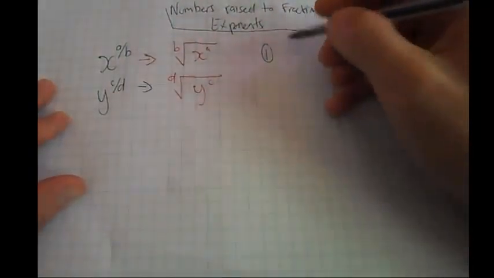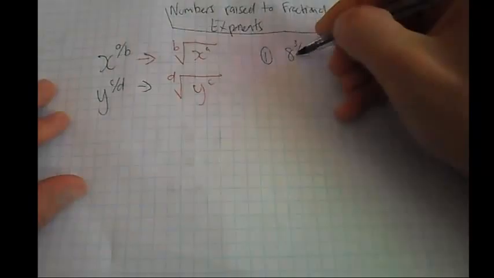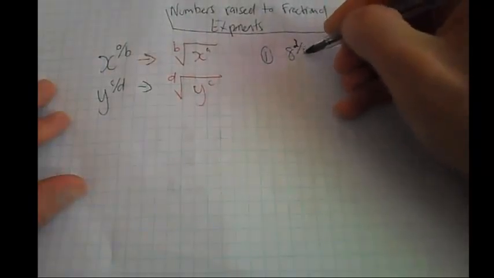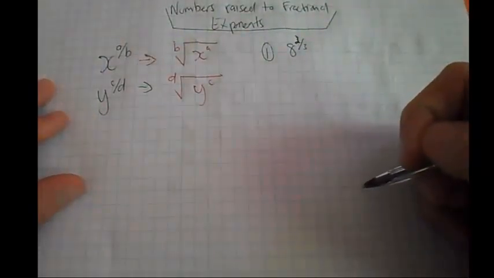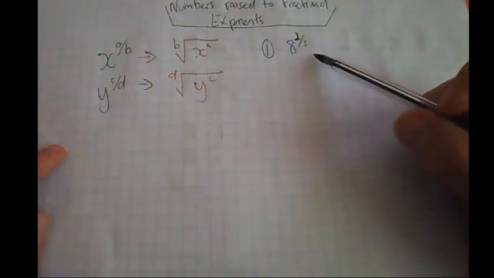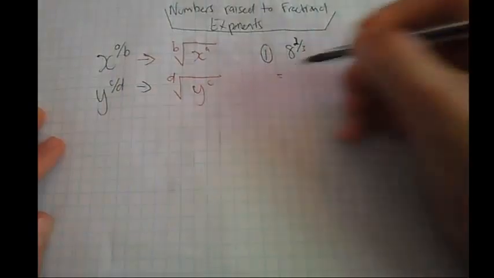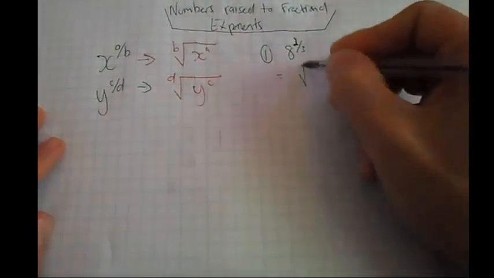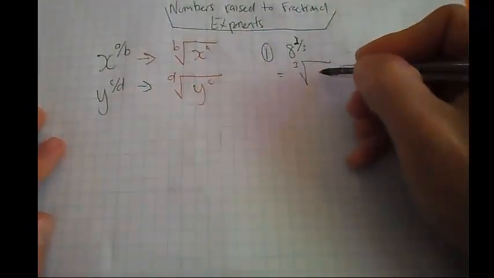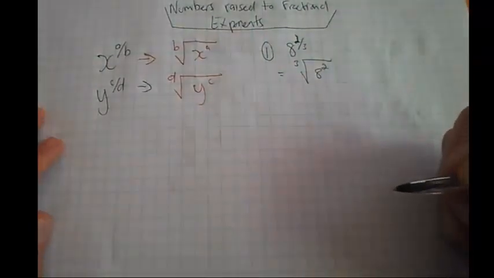Say for number 1, we have 8 to the power of 2/3. What we can do is convert this using this rule and say the third root of 8 squared.